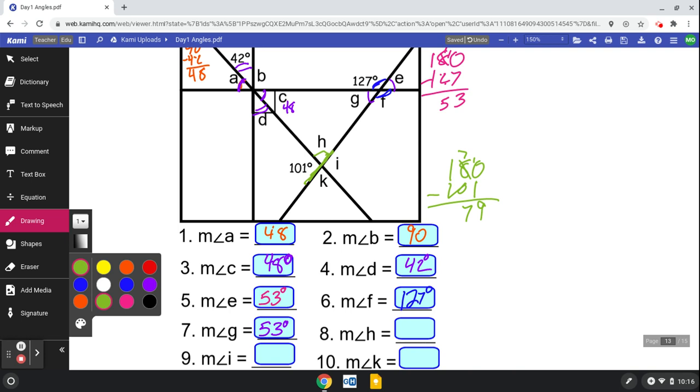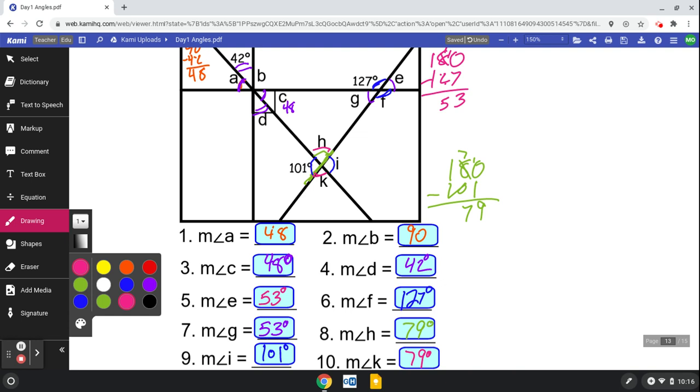And we get 79 degrees for H. I has a vertical angle. It is the same as our 101. And K, that one too is vertical with H. So whatever H was is that one.